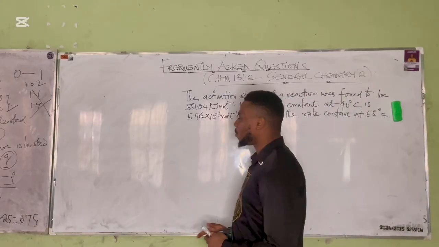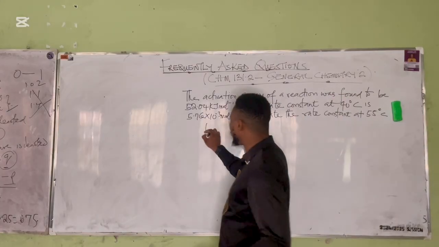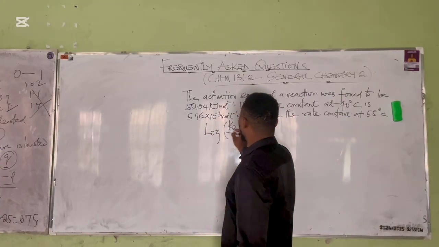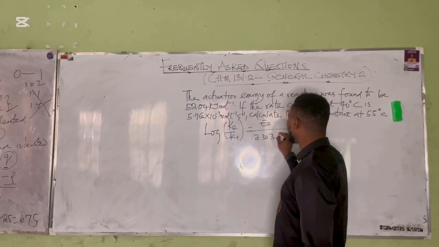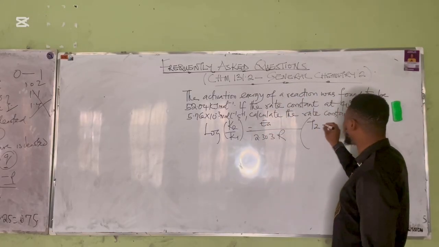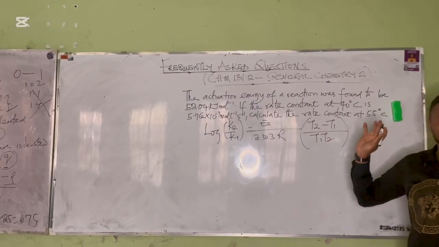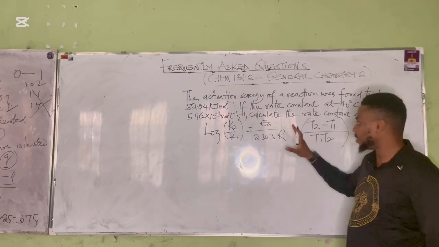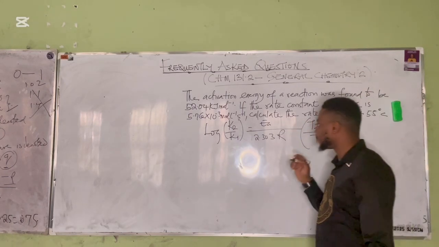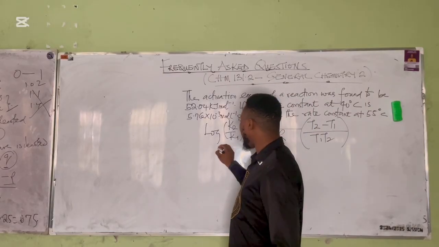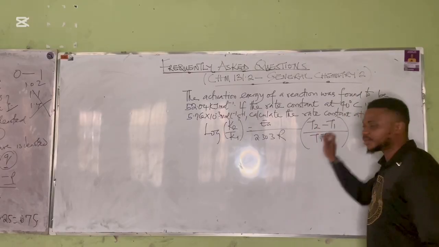The formula that expresses the activation energy is log K2 over K1 equals Ea over 2.303 R times (T2 minus T1) over T1 T2. Ea is used to denote activation energy. K2 and K1 are the final and initial rate constants, and T2 and T1 the final and initial temperatures.